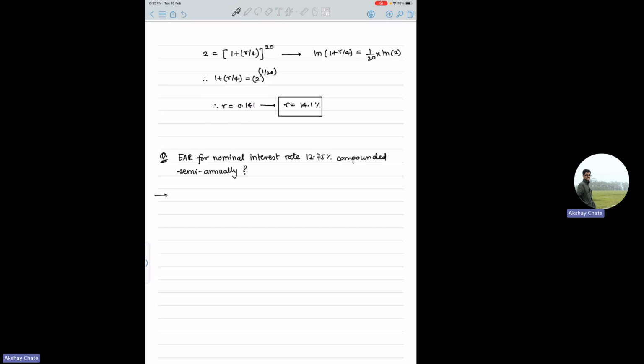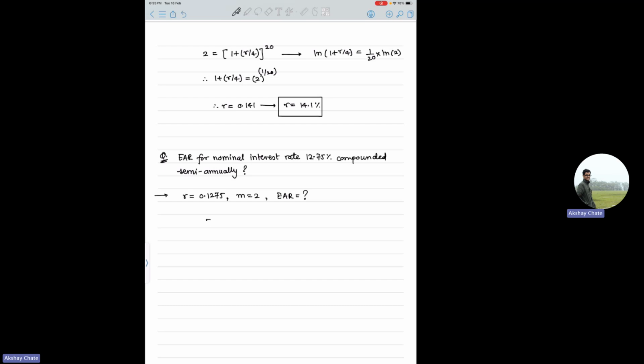Okay, so this is also again one of the classic problems. Since they have given you a nominal interest rate, that is nothing but R, so that is 0.1275, and they are calculating it on a semi-annual basis, so M will be 2 here, and what they are asking is what is EAR for this condition.